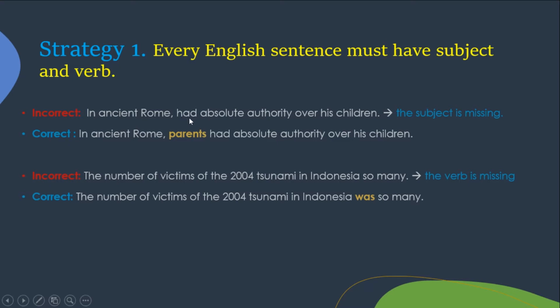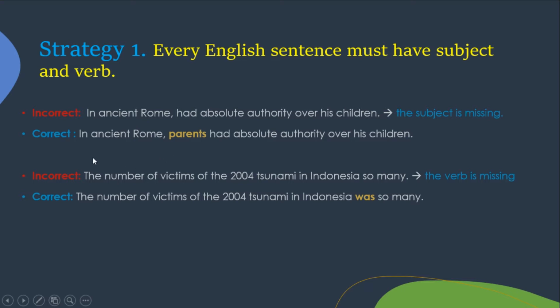So we need to supply the subject in the sentence. To make it correct, the sentence should be: in ancient Rome, parents, or maybe a father or a mother, depending on the context of the sentence, had absolute authority over his children. Okay, so now the sentence is correct.